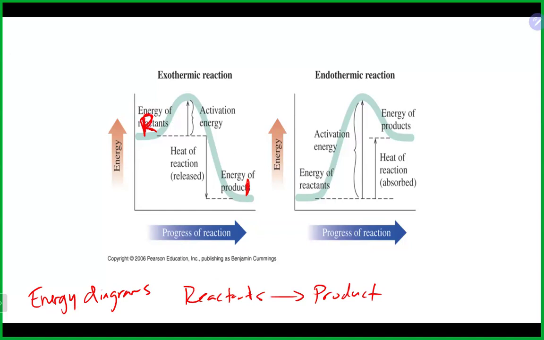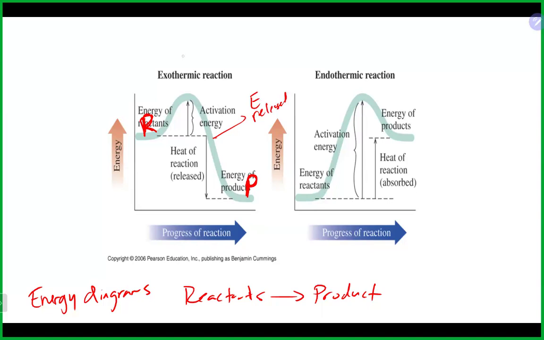And this is the energy of the products when the whole reaction is all said and done. And we can see in this particular case that the energy of our reactants is higher than our products. So the only way to get down in overall energy is for energy to be released in this case, right? That allows the energy of the reactants to come down to the energy of the products.